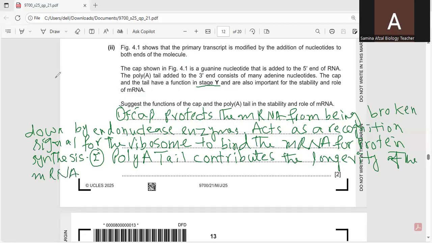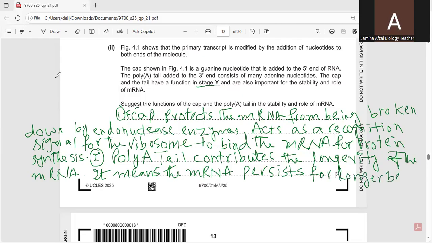A longer tail means the messenger RNA persists for longer before degradation.